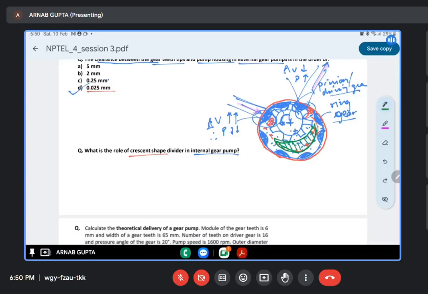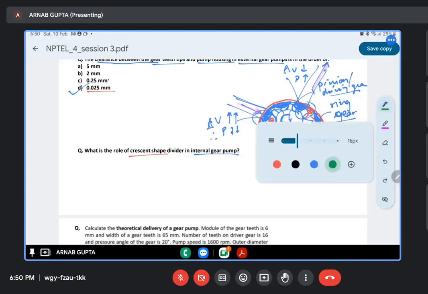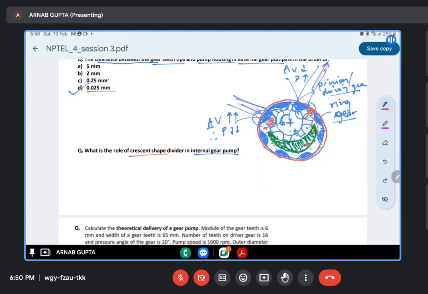You can see that it divides the flow here, at this position, just after the liquid has been sucked in. Some amount of pressurized liquid will flow through this pocket and some through this pocket, and again they will merge here.